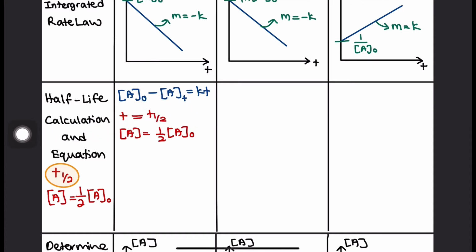That would give us initial concentration minus half of initial concentration equals k multiplied by half-life. Simplifying this equation is as shown.